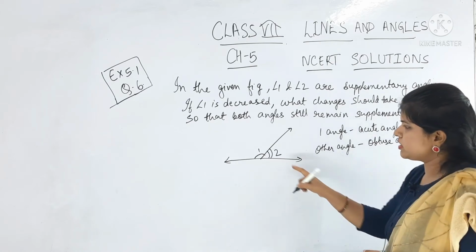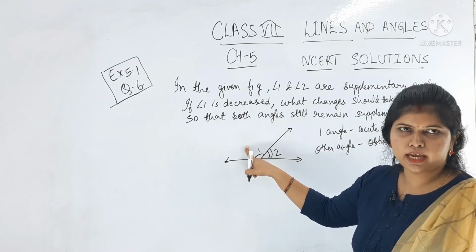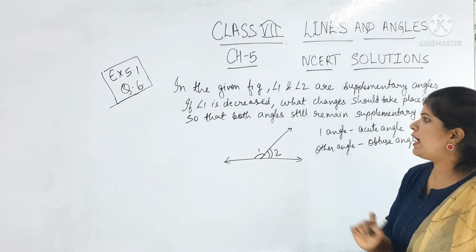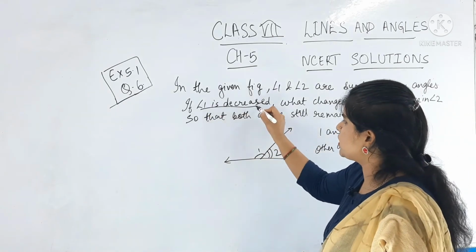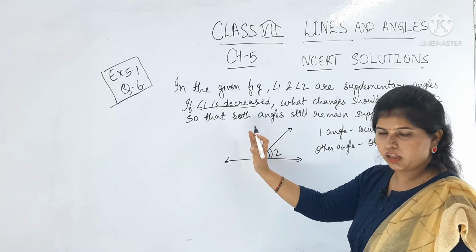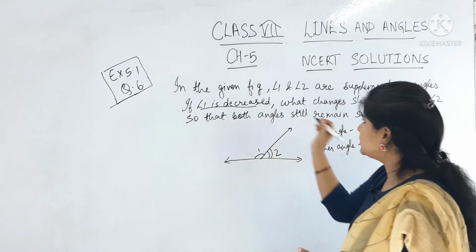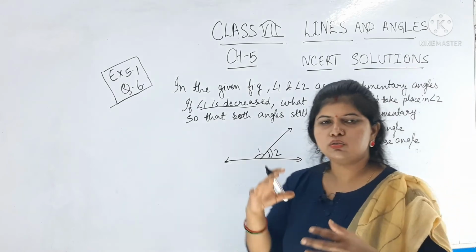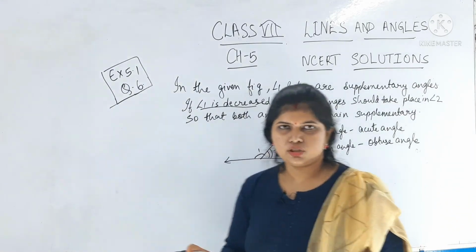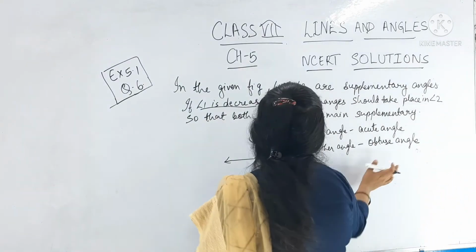So here you can see that angle 2 is acute and angle 1 is obtuse. This makes the supplementary angles, and it is given that angle 1 is decreased. If angle 1 is decreased, it becomes an acute angle, so angle 2 should be increased.